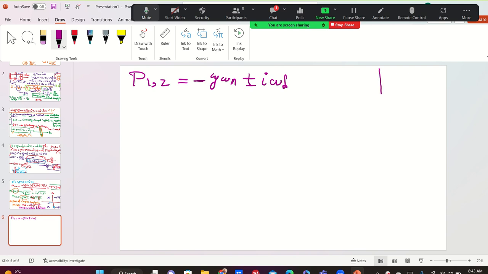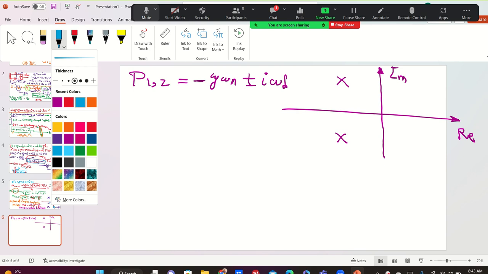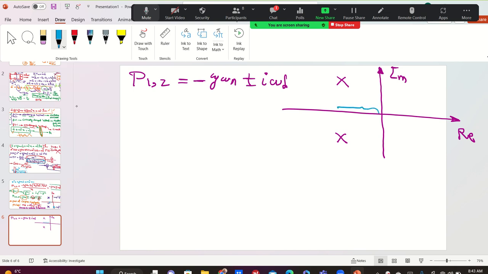So if I plot this here in the complex plane, real, imaginary, it's going to be this. Here is omega d. Oh, sorry, reverse. Here is minus zeta omega n. Here is omega d.